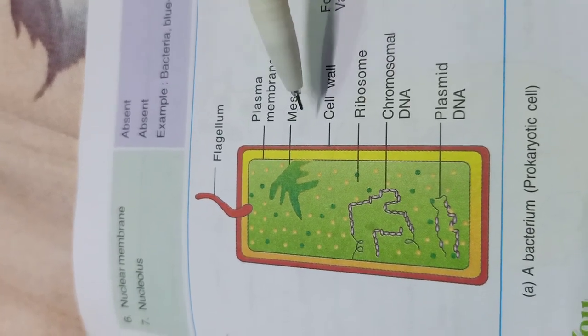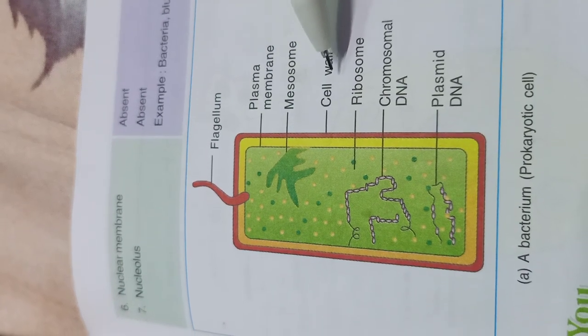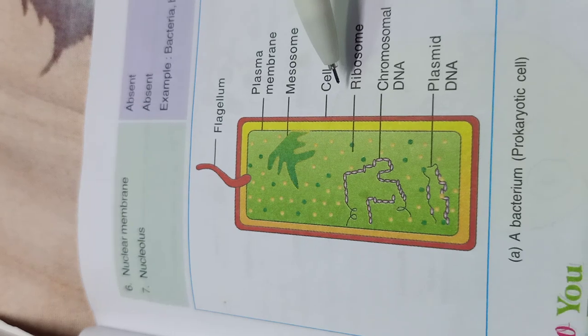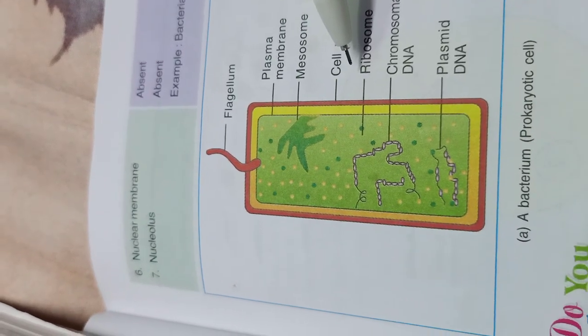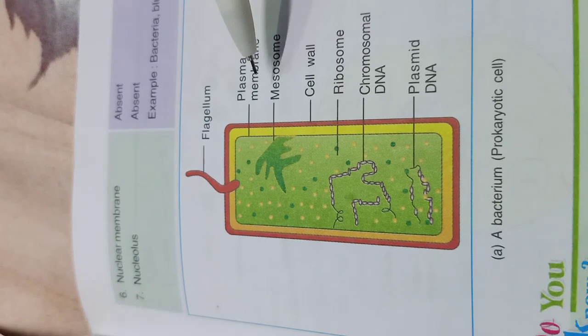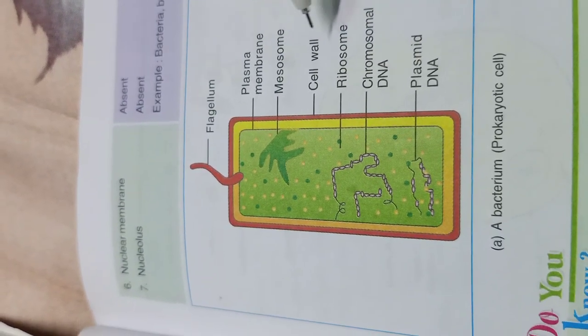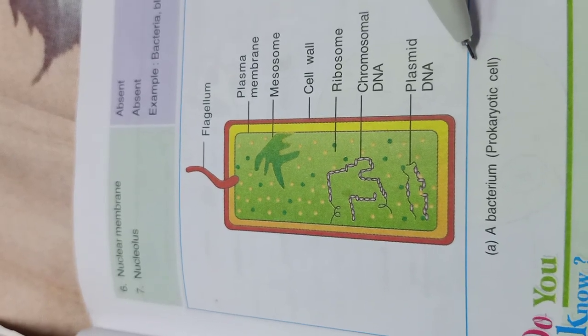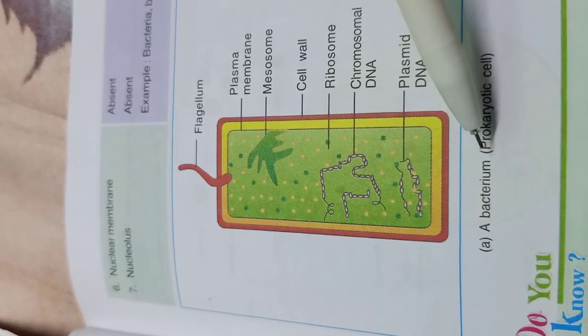It contains a cell wall also. This cell wall protects the cell so that harmful substances do not enter inside the cell body. All the functions of these we study later on, but for you this is a prokaryotic cell and its example is bacterium.